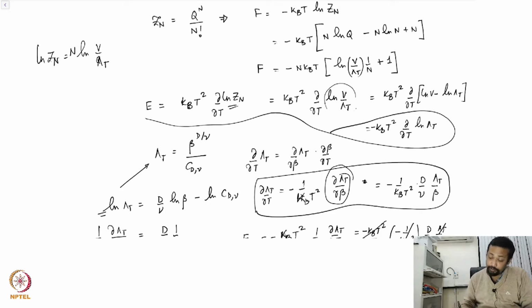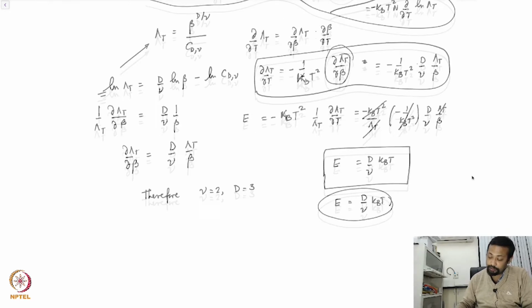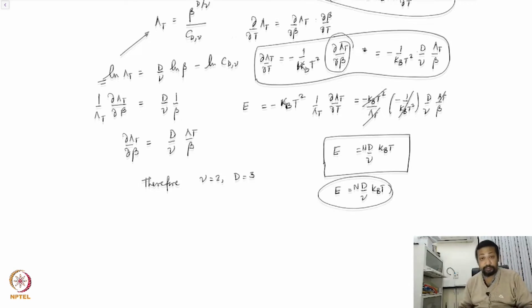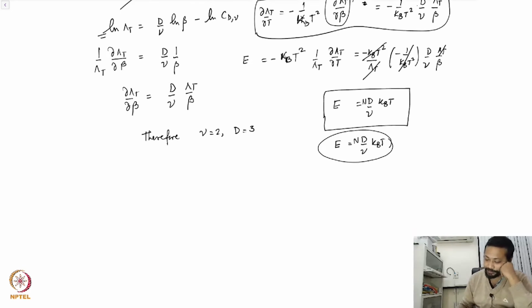When I wrote down ln Zn as n ln v over lambda t, I missed out a factor n over here. So that n factor has to be carried all throughout, and once you do that calculation, you're going to come up with an n over here. If you did not have an n, that means the energy was not extensive. So there is something seriously wrong with the calculation. So one has to be very, very mindful of all of these, right?